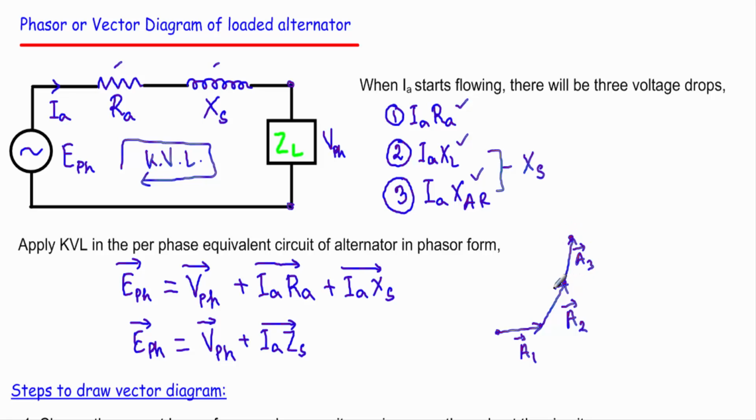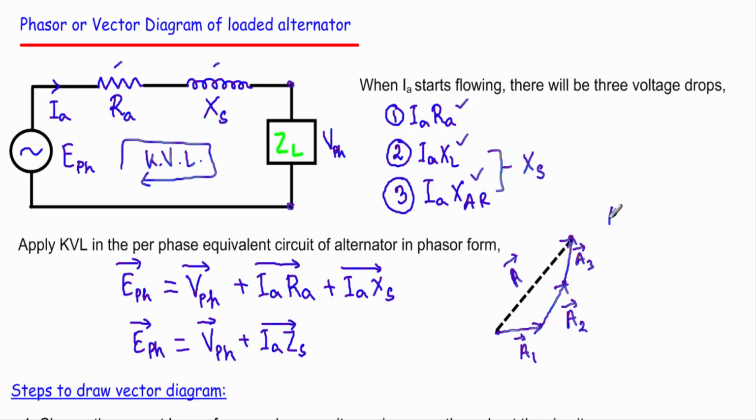Now if I want to get the resultant of A1, A2 and A3, I have to join the beginning of A1 and the terminating point of A3, which I can do like this. If I join these two points, let's say the vector I get is our A vector, and its direction will be in this direction.